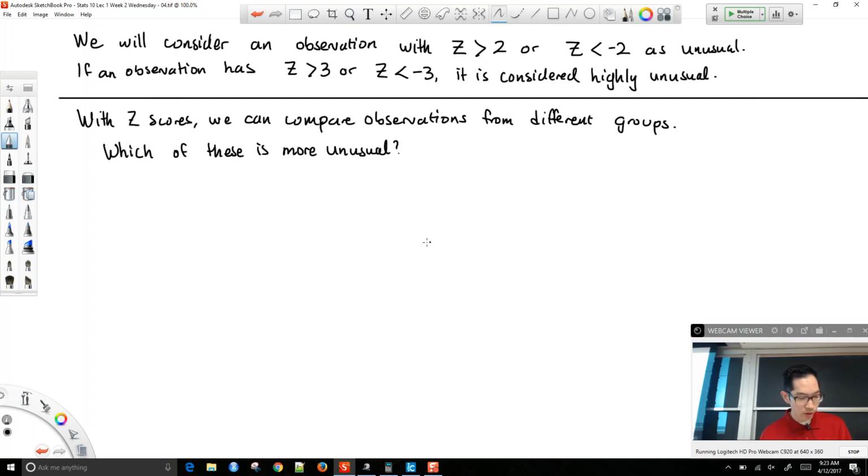Okay, and we can say a Great Dane. So I'm looking at two different types of dogs, okay? A Great Dane that weighs 190 pounds. So this is a big dog.